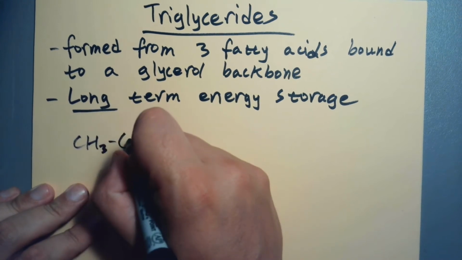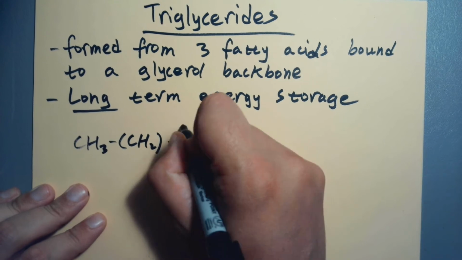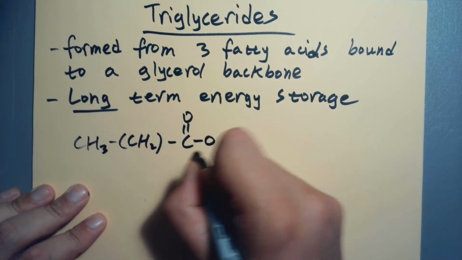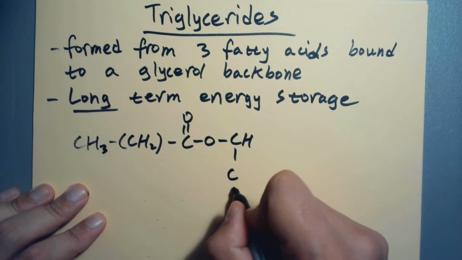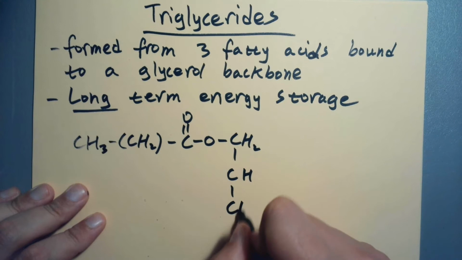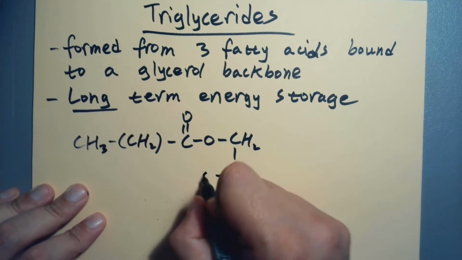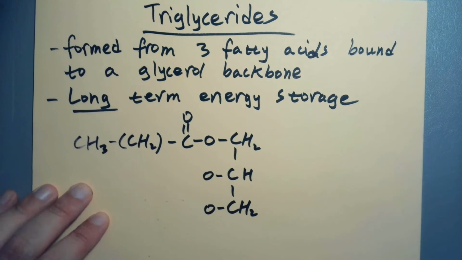So we are going to have a fatty acid chain. Our carboxyl group is not an OH anymore. It's going to go to a glycerol backbone. It's not an OH, but we've now bound it to this.